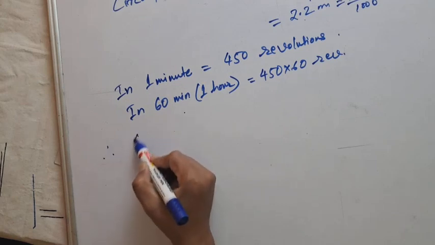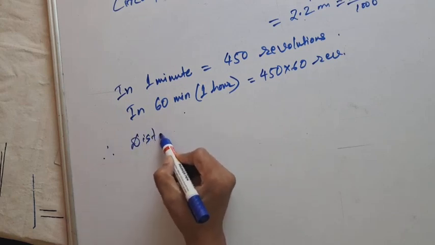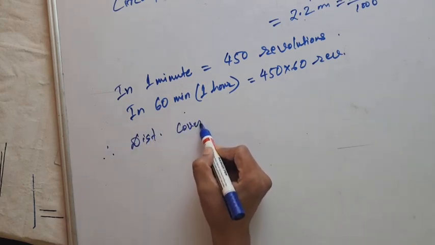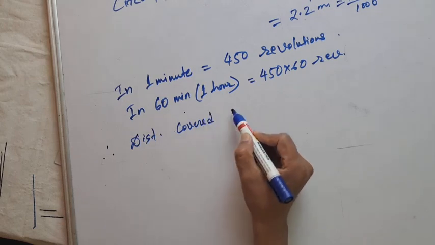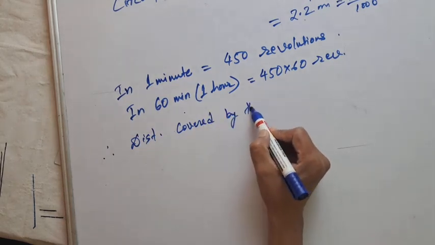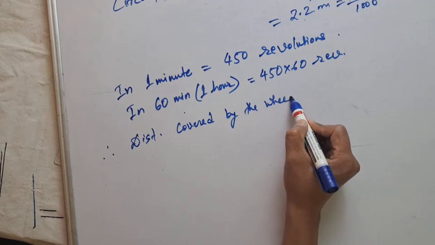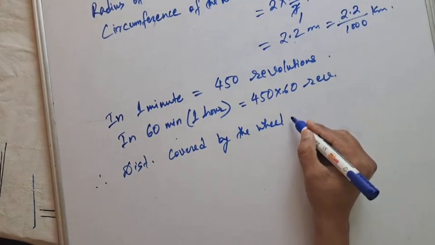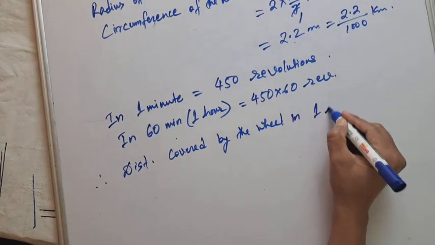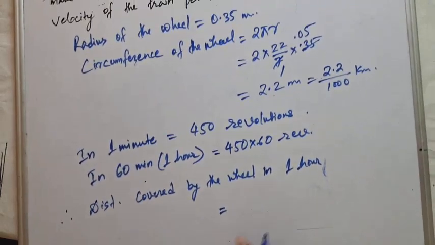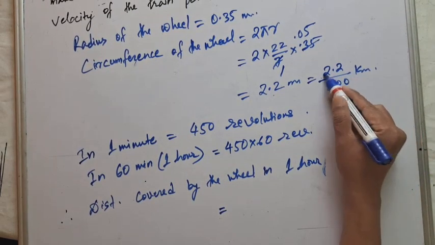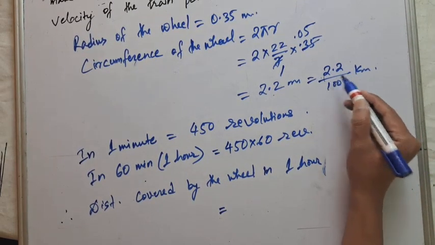Therefore, the distance covered by the wheel in 1 hour is fixed. In 1 revolution it can cover this much distance, 2.2 upon 1000.